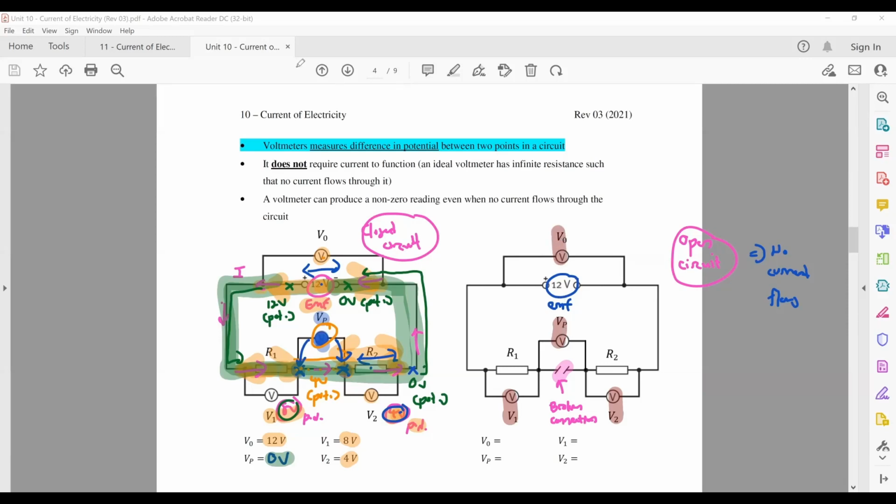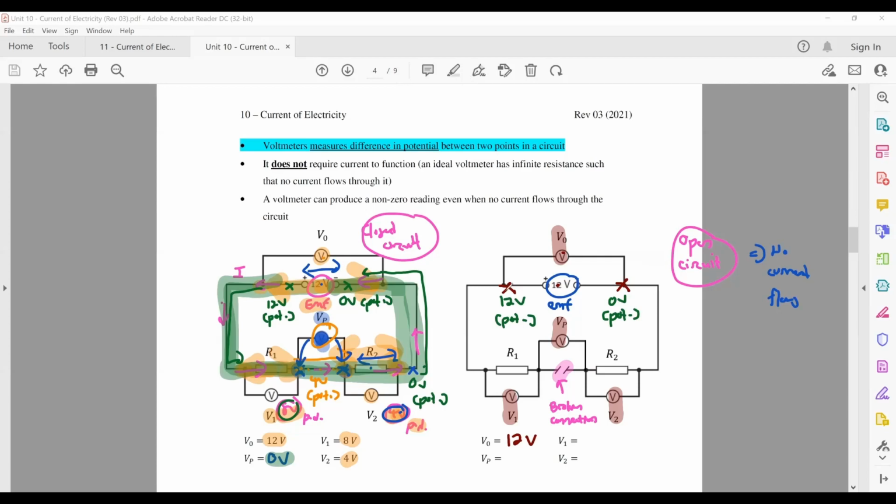For voltmeter V0, your difference in potential here and here is actually just going to be 12 volts. Your voltmeter is measuring the difference in potential across your battery. So I could say that this one is 12 volts potential, and this one here is 0 volts potential.